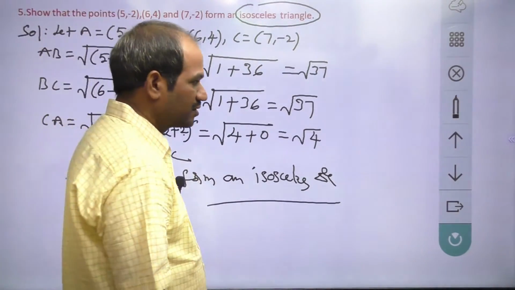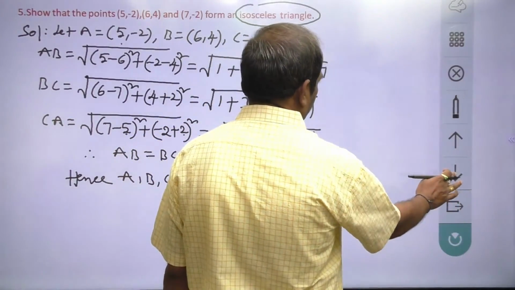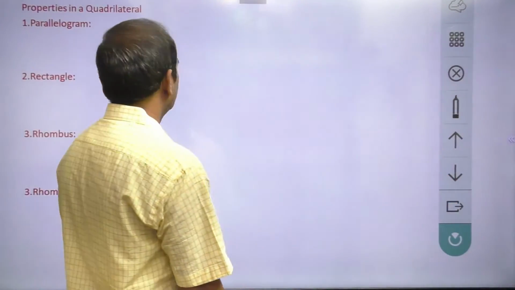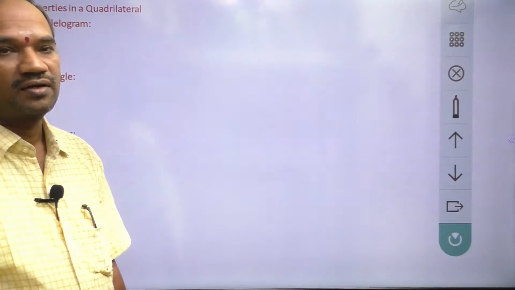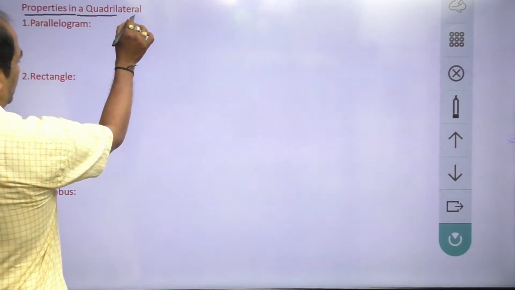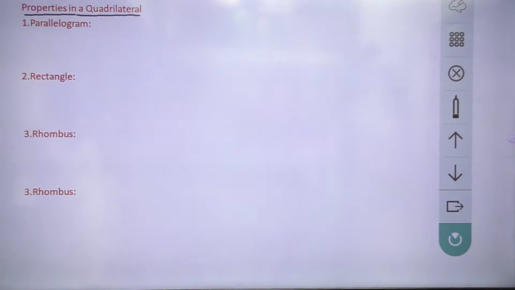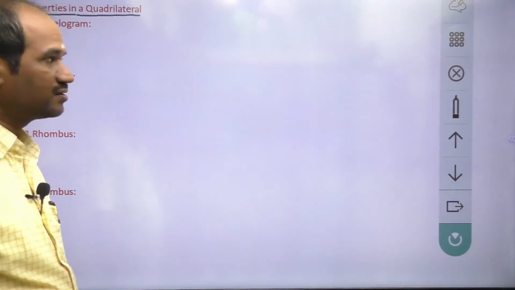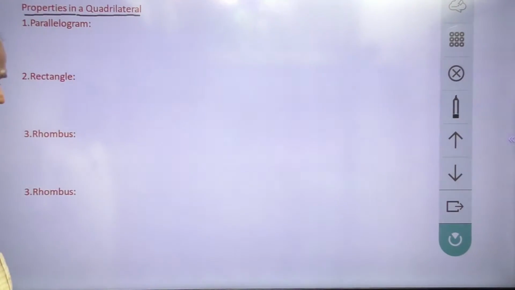Right, so next, quadrilaterals, properties in a quadrilateral. First one is parallelogram.